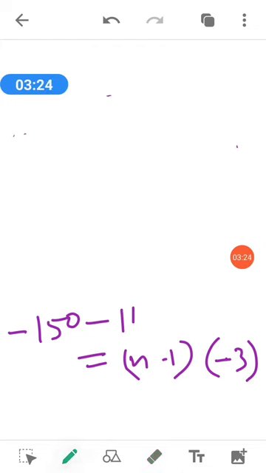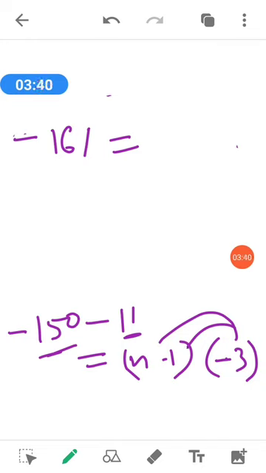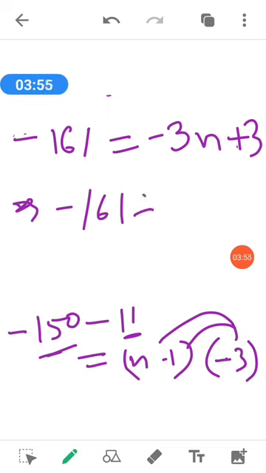So it will be minus 150 minus 11, minus 161 equal to, and if I open up this bracket, this will be minus 3n plus 3, and this implies minus 161 minus 3 equal to minus 3n.